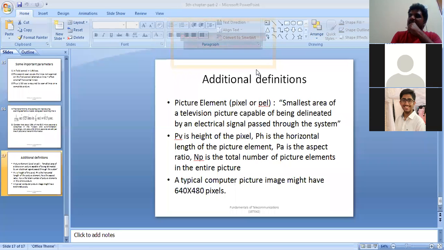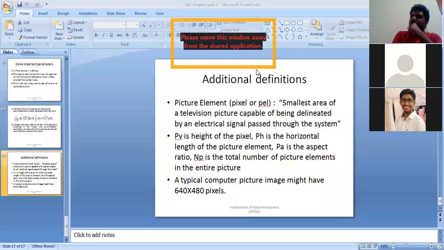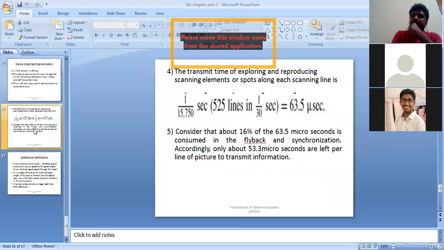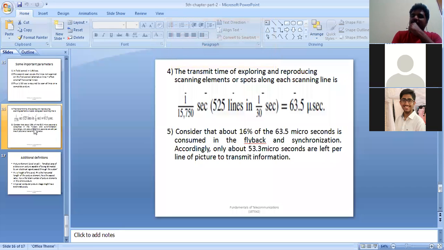If 525 lines, or one frame, have to be scanned in 1 by 30 second, then one line is to be scanned at a speed of 1 divided by 525 into 30, which is 1 divided by 15,750, which comes out to be around 63.5 microsecond. One line of the scene in front of you has to be scanned as quickly as 63.5 microsecond.